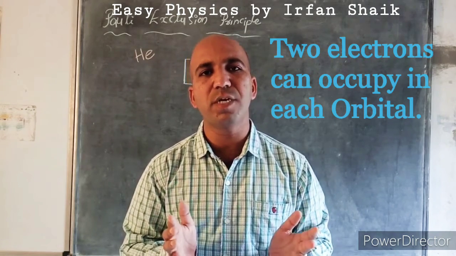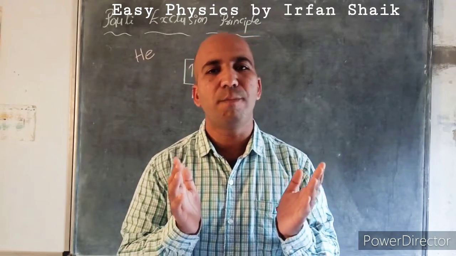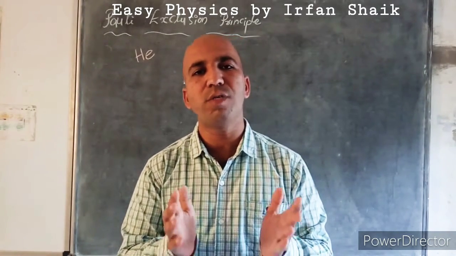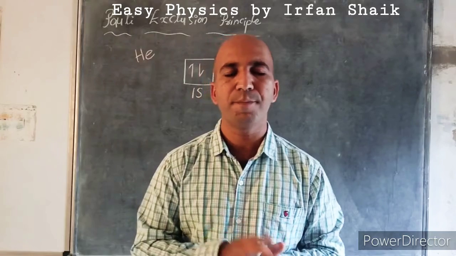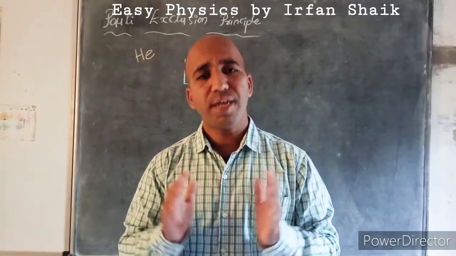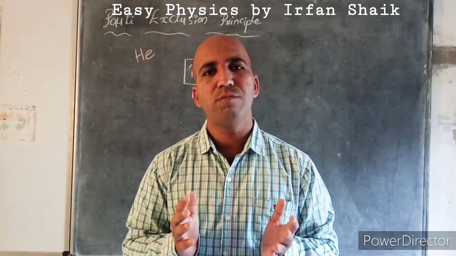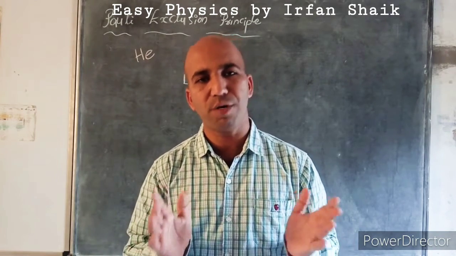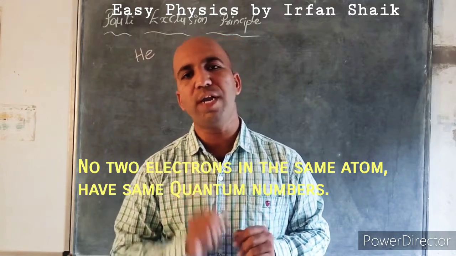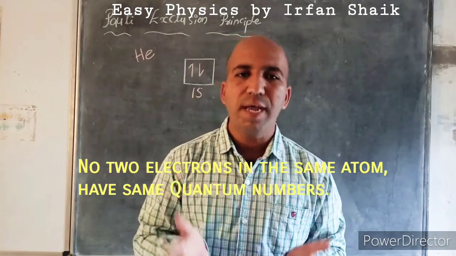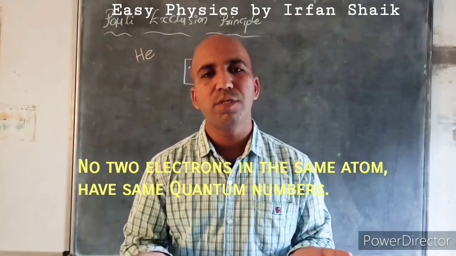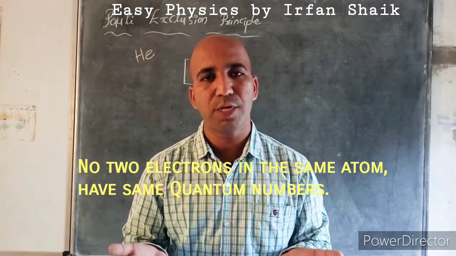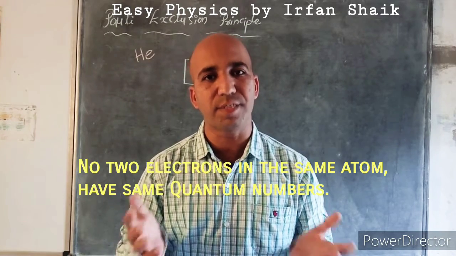One more important point to remember in Pauli's exclusion principle is that no 2 electrons in an atom should have the same four quantum numbers. How is this possible? Let us understand this with an example.